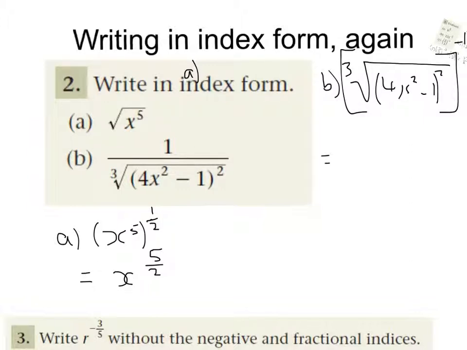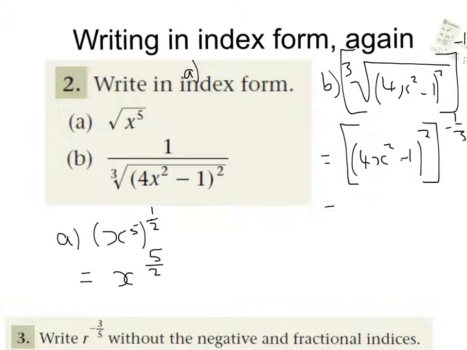The next thing that I can write as an indice is the cubed root. So I'm going to be writing 4x squared minus 1, all squared, and that's going to be to the power of -1/3.